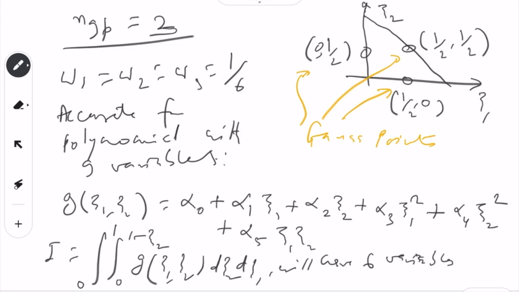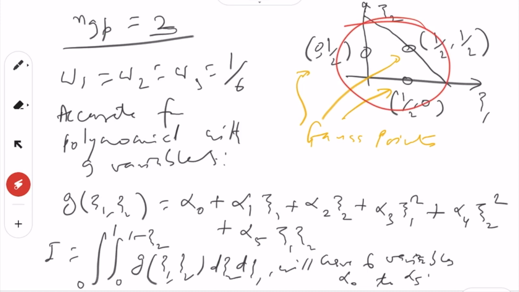So from alpha naught to alpha 5, there are 6 of them. Okay, and here we are seeing that this will have 9 of them. So, 1, 2, 3, 4, 5, 6 and 3 here.